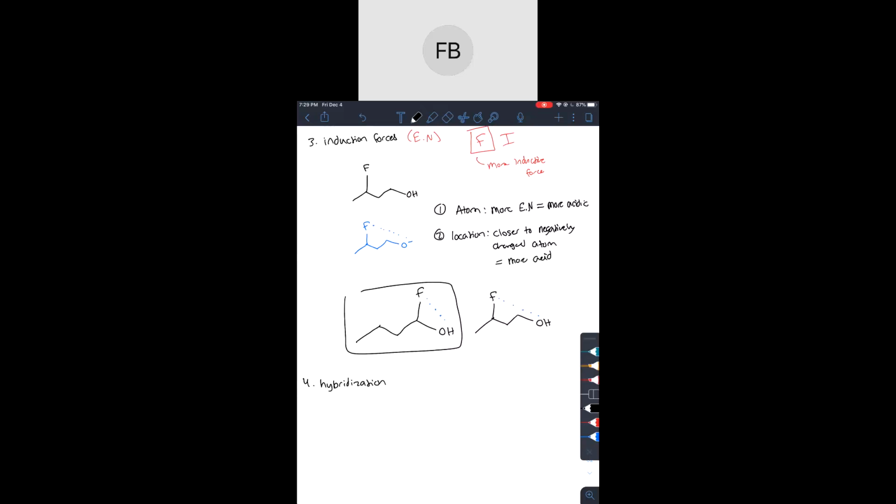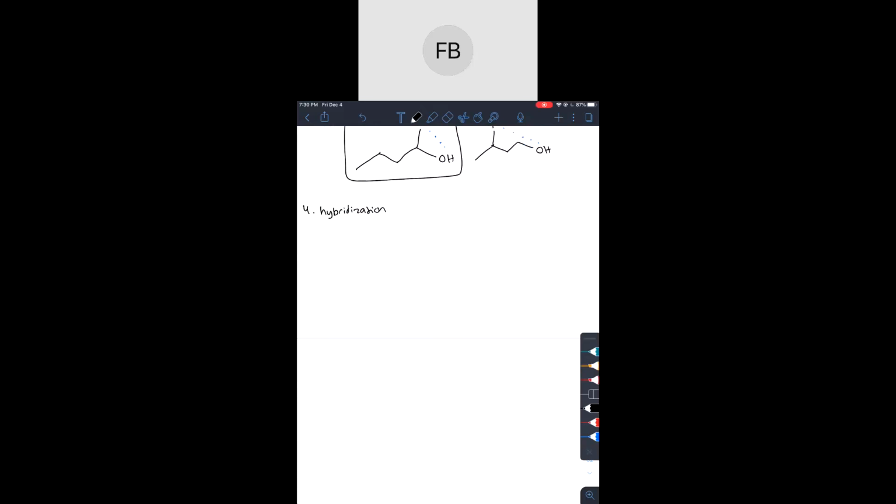With hybridization, what that basically means is that sp is more acidic than sp2, which is more acidic than sp3. You can think of this in a few different ways. You can just memorize this, or you can know that the higher the concentration of s, so this is 50% s, is better than, in this case, 33% s, which is better than, in this case, 25% s.